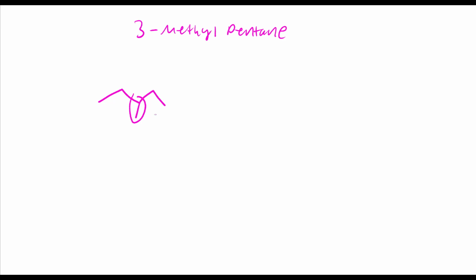A does not have a methyl. C does not have a methyl. D has a methyl, however, it's on the 2nd carbon. We don't want that, we want it on the 3rd carbon, so that's incorrect. And then E also has it on the 2nd carbon over here, so that's incorrect.